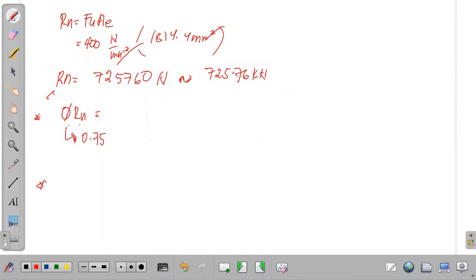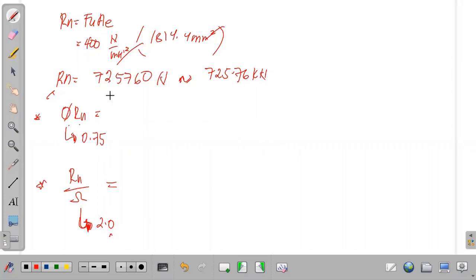And for our allowable, Rn over omega. Our omega, the factor of safety, is 2.0 for net fracture. For gross yielding, 1.67.